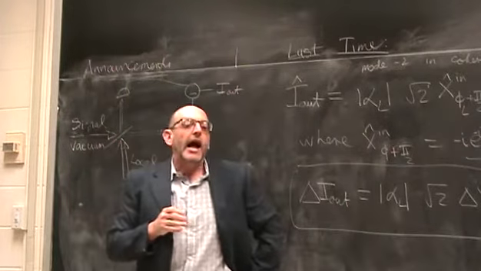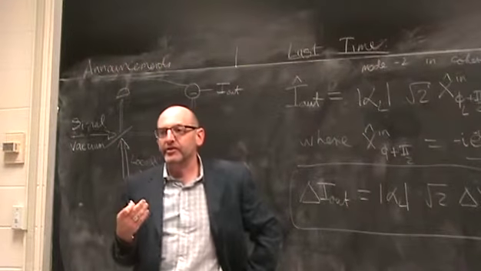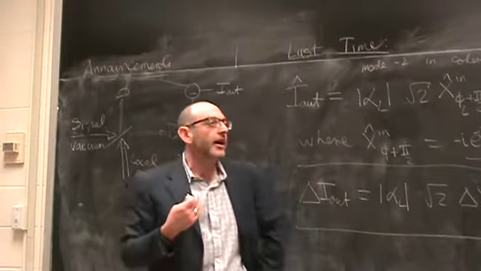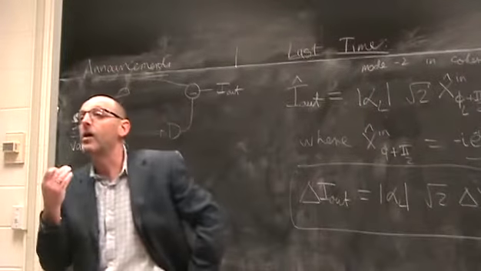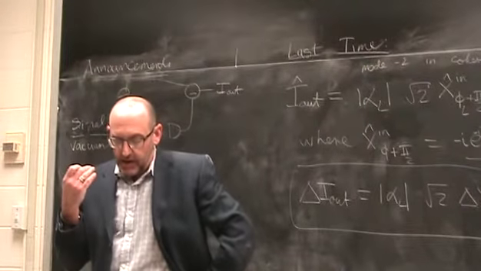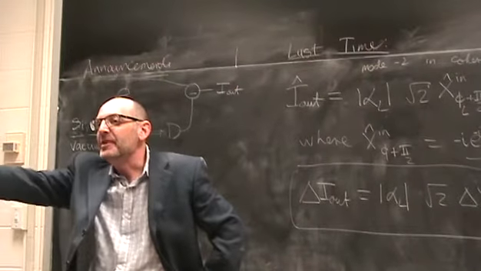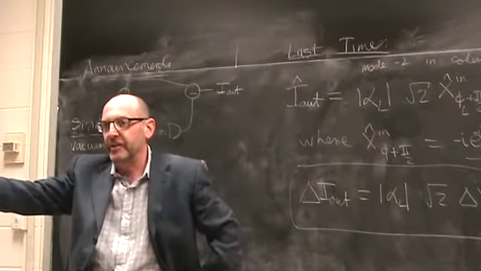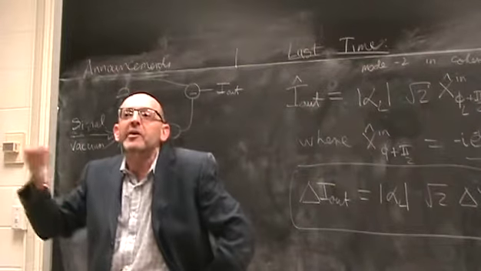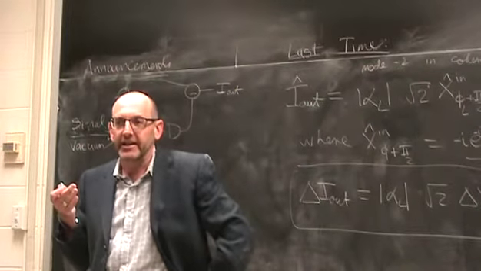How much squeezing you get at different frequencies depends on, as we'll discuss a little bit now, how the nonlinear response in the medium varies at different frequencies. So to get very broadband squeezing is a challenge.